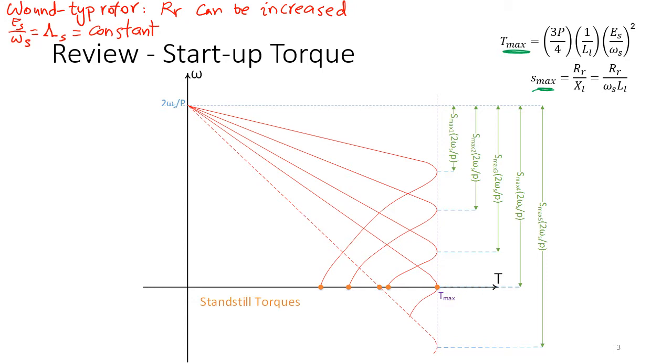In that case, if we start to increase the RR, Tmax, or maximum torque, remains constant, shown with this violet, or purple, color. But by increasing RR, the slip at which Tmax happens is increasing. So what's happening?